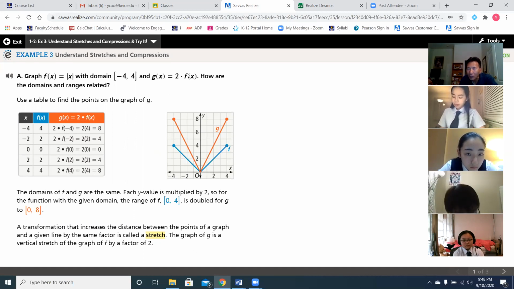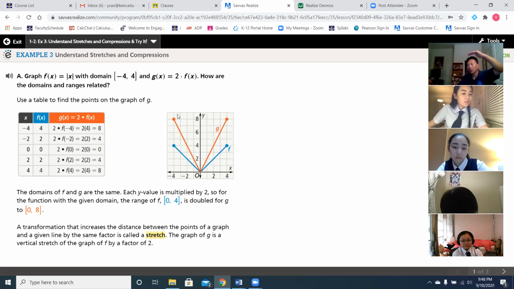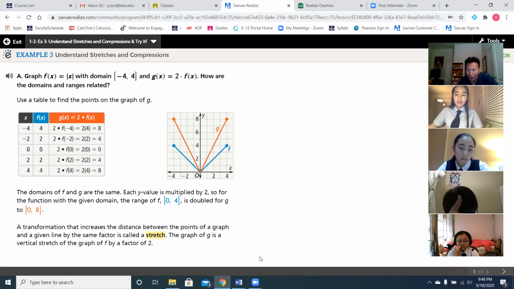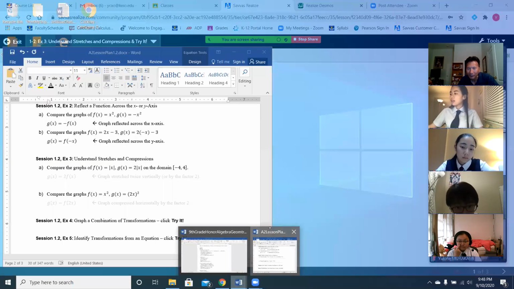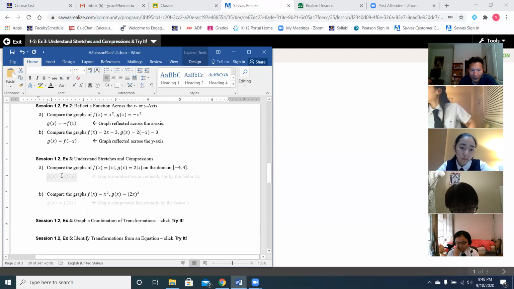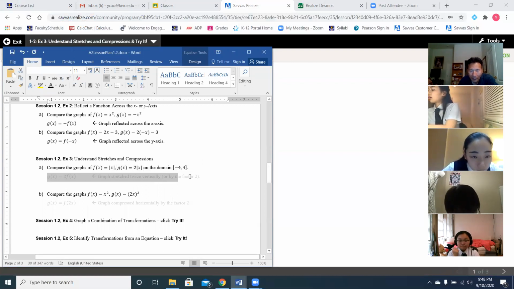So if g(x) equals the original function multiplied by 2 outside, you're going to stretch it by a factor of 2. Twice, the graph becomes twice as high. Are we clear on that one? Okay, that's the first one. We're going to highlight that one here.